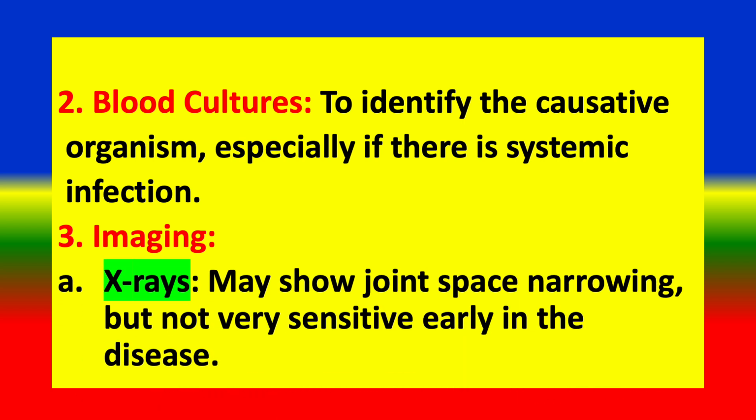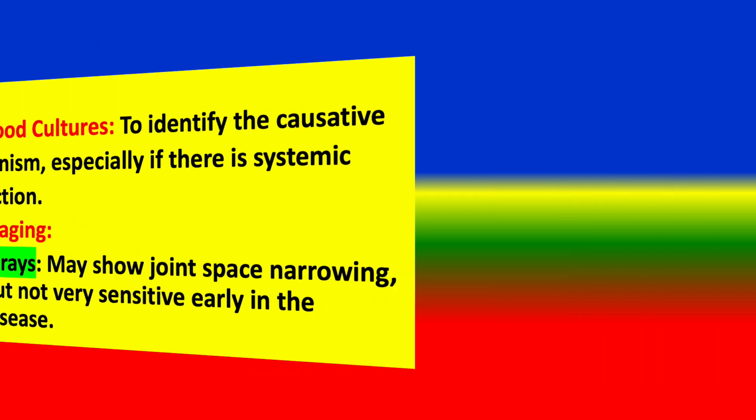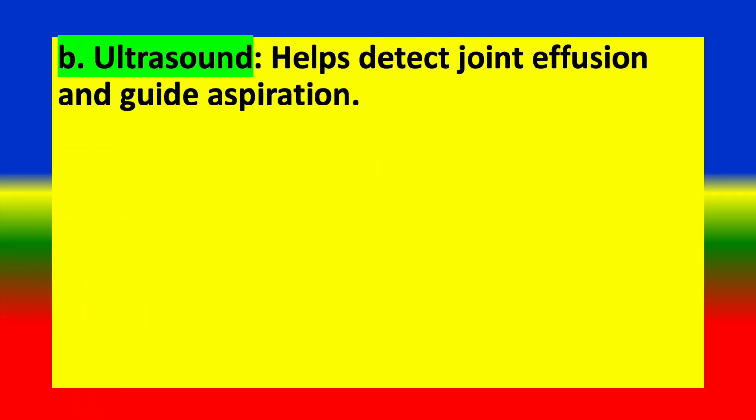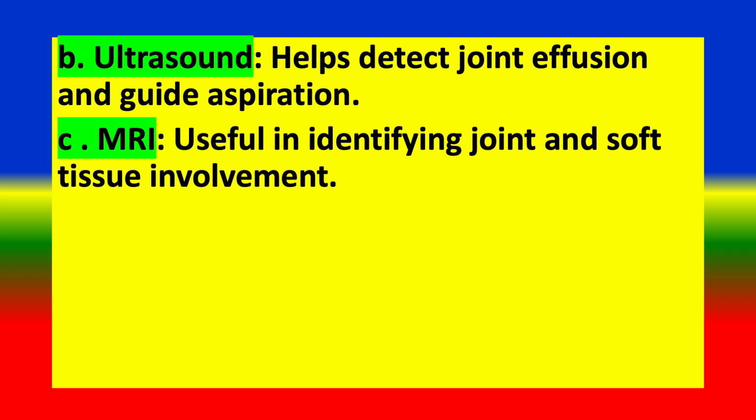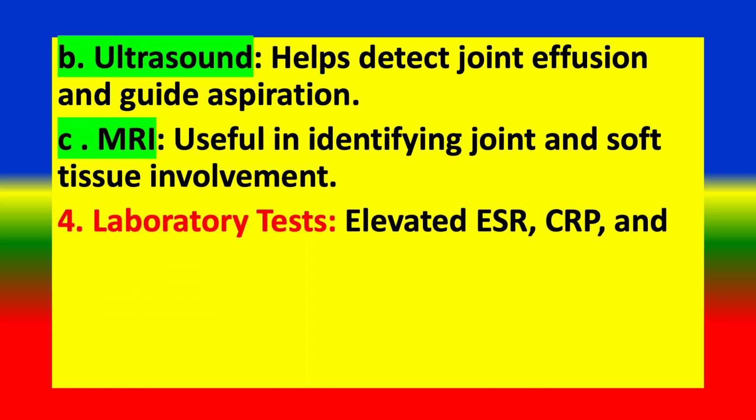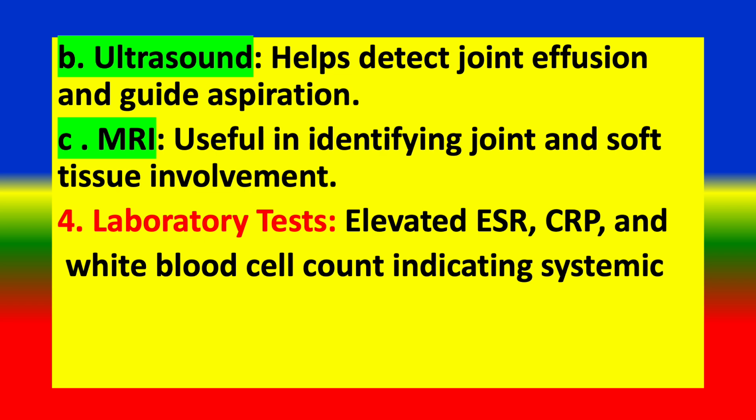A. X-ray may show joint space narrowing but is not very sensitive early in the disease. B. Ultrasound helps detect joint effusion and guide aspiration. C. MRI is useful in identifying joint and soft tissue involvement. 4. Laboratory tests. Elevated ESR, CRP and white blood cell count indicate systemic inflammation.